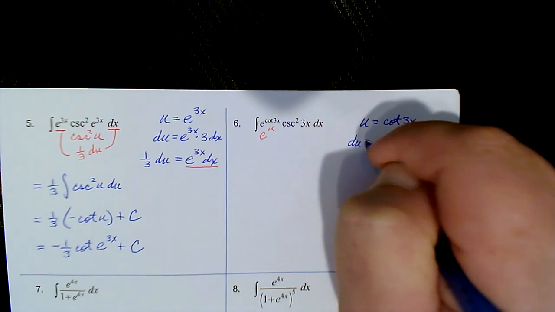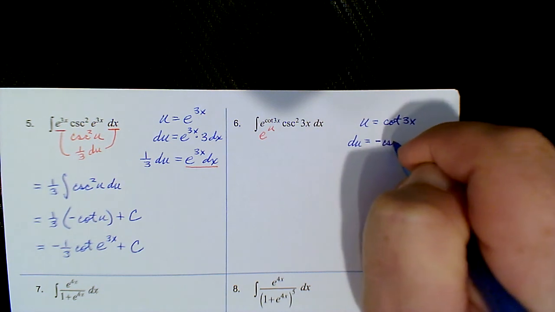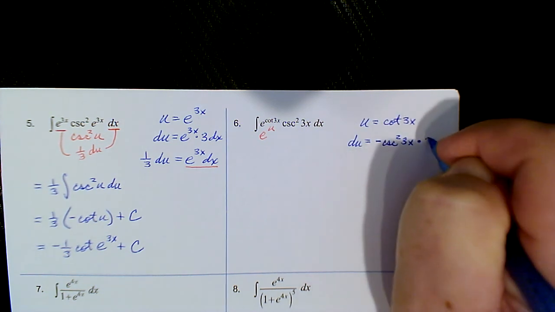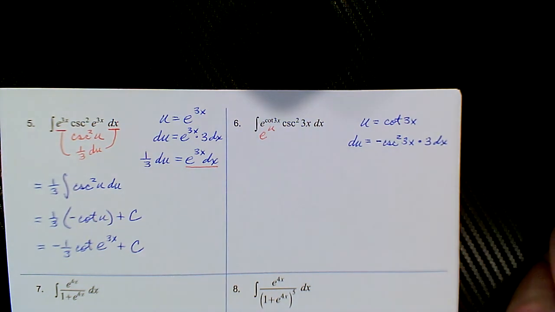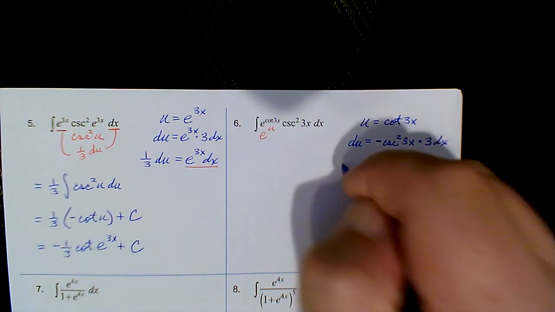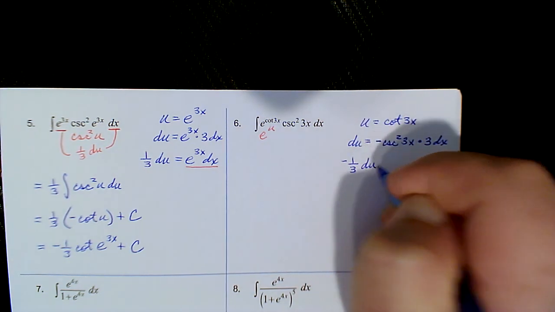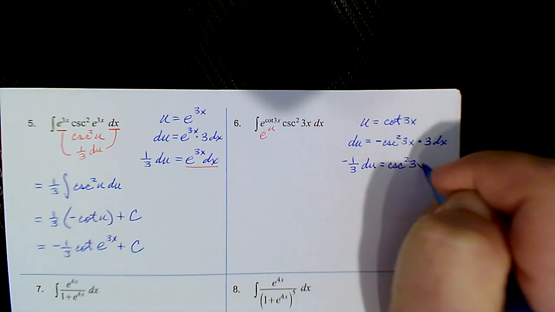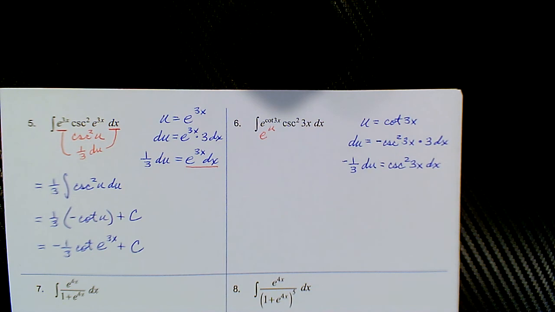Okay, and then differentiate: the derivative of cotangent is minus cosecant squared, same argument 3x, don't forget, times 3, the derivative of the argument, as well as the differential dx. We can routinely modify by the negative and the 3, so negative 1/3 du is cosecant squared of 3x times the differential dx.